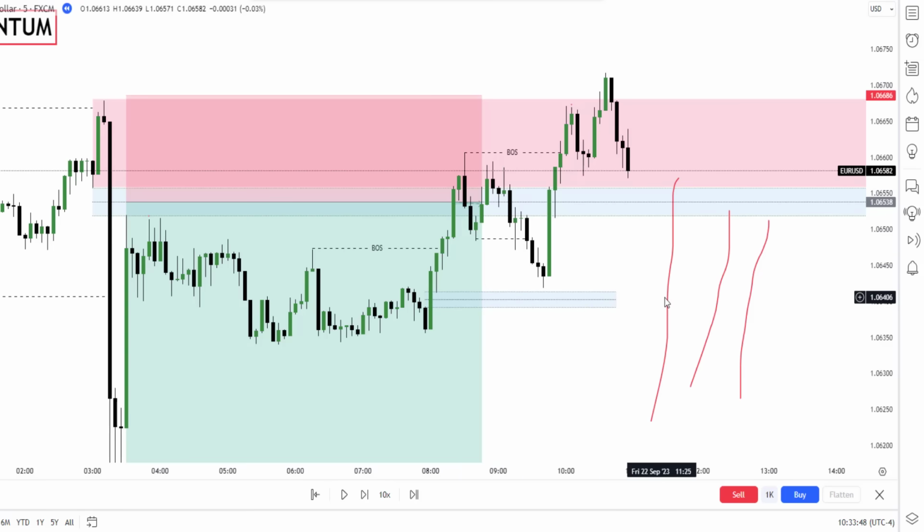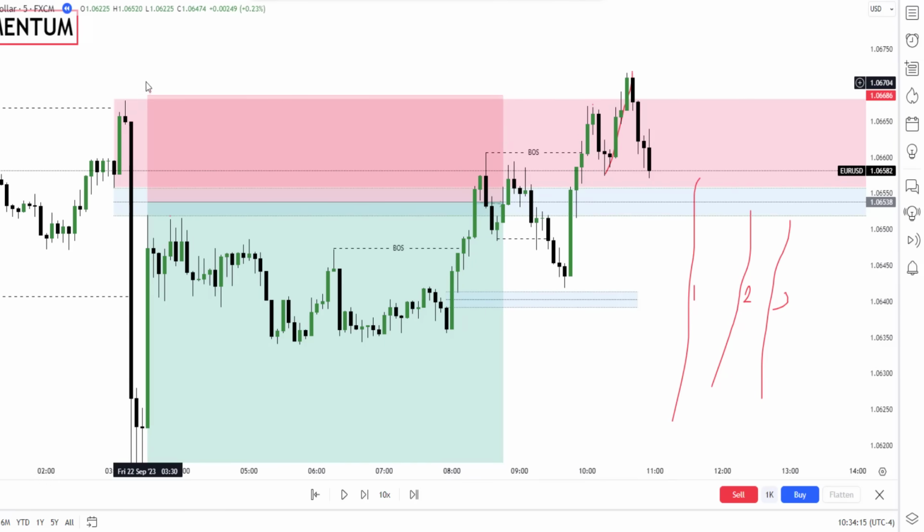So this is momentum 1 right here. Let me show you momentum 1, momentum 2, momentum 3. Notice the difference: momentum 1 is bigger than momentum 2, momentum 2 is bigger than momentum 3, and it is getting weaker and weaker. So the third momentum from here to here, this is where you got it wrong.